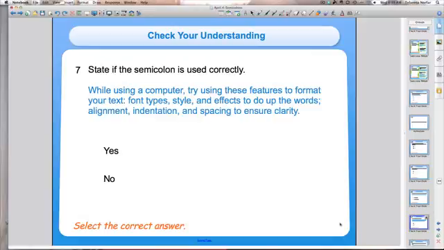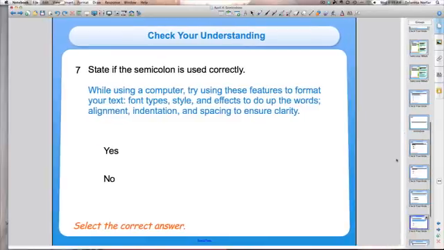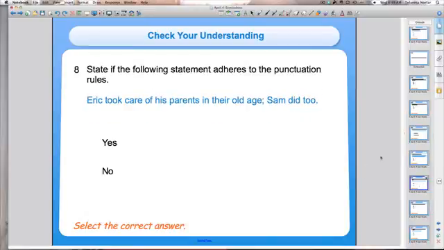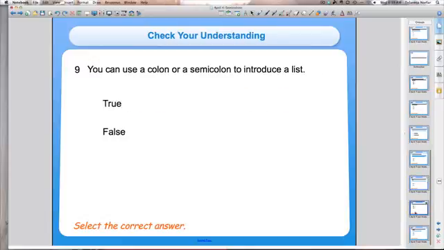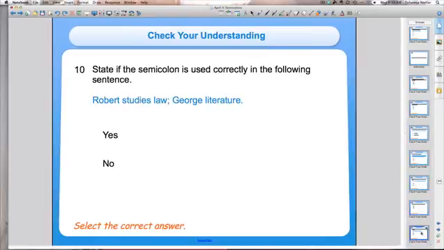Again, pause the video until everyone is done. You got it. Yes. Again, pause the video until everyone is done. You got it. Yes. Two more questions. Again, pause the video. You got it. And our last question.